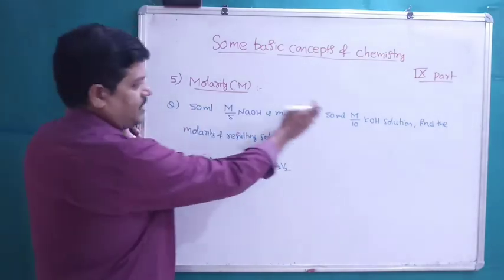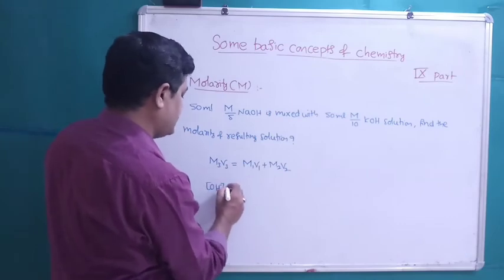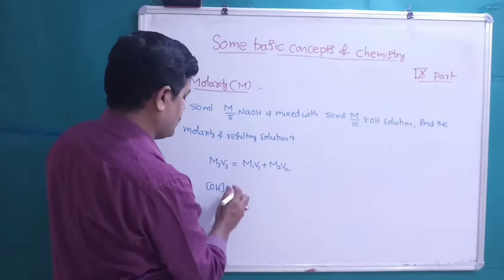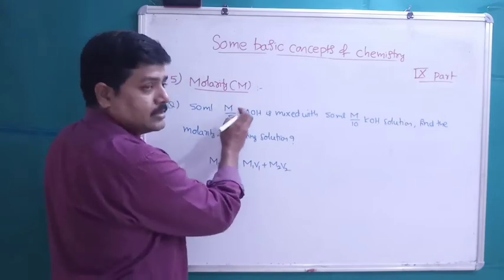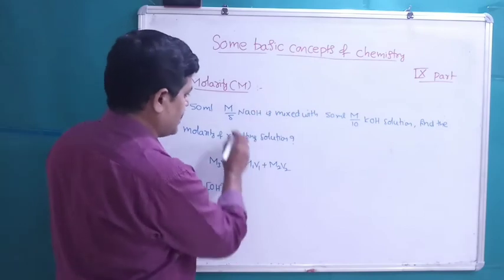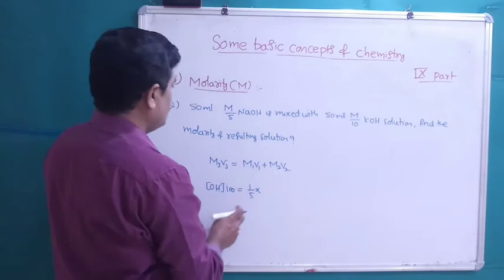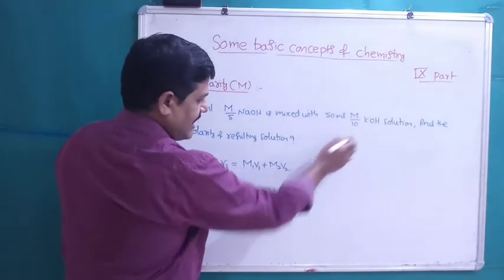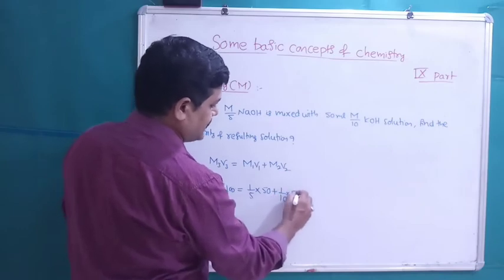V1 is 50, V2 is 50. When we add these two solutions, V3 is the total volume, equal to 100 ml. So 100 ml is equal to M1, the concentration of NaOH, M/5, that is 1/5, into volume 50 ml, plus M2, M/10, that is 1/10 molarity, multiplied by 50, right?